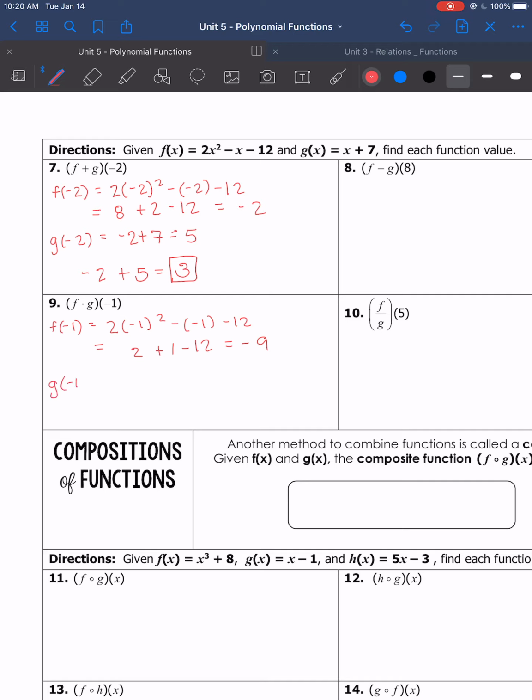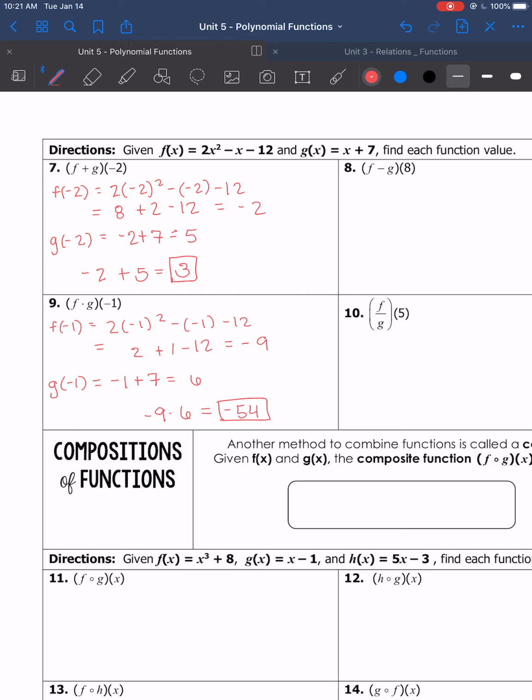And then I want to do g of negative 1. So I have negative 1 plus 7, which gives me a 6. So then I'm going to multiply these two numbers together. Negative 9 times 6 gives me a negative 54. So my answer to this one is negative 54.